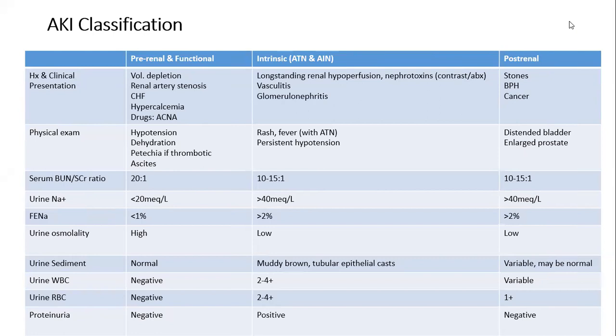He doesn't come with hypercalcemia, right? And his urine sediments are showing muddy brown tubular epithelial cells. While in pre-renal cases or in post-renal cases, you hardly ever get a muddy brown cast or a tubular epithelial cell.